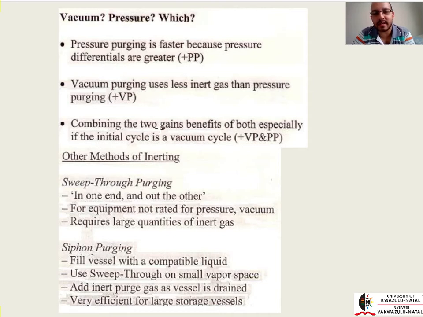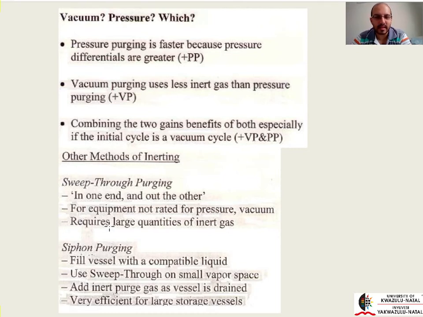Combining the two can provide a number of benefits. So instead of only drawing a vacuum, you can draw a vacuum, and thereafter in your pressurizing cycle, instead of going back to the normal pressure, you can actually ramp up the pressure. Okay, and then there are of course other methods of inerting. So we've looked at sweep through purging.